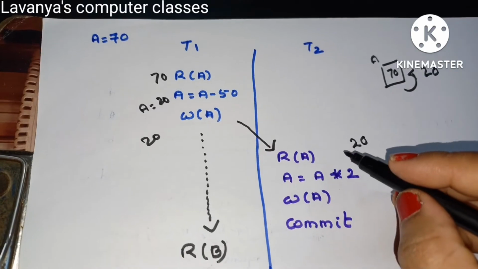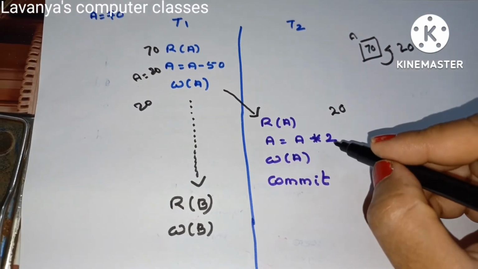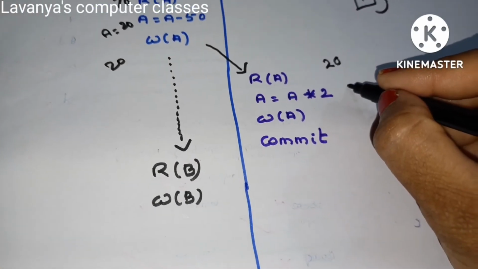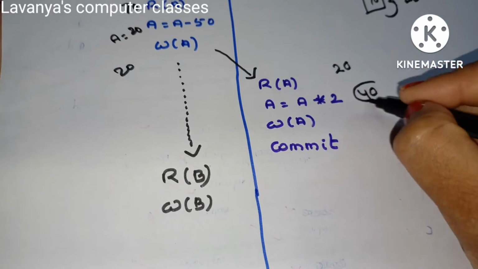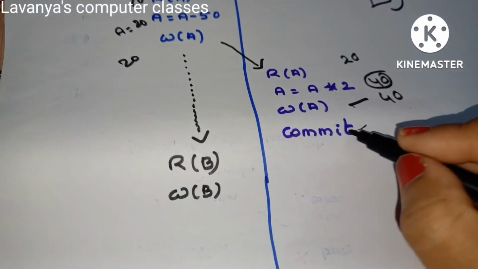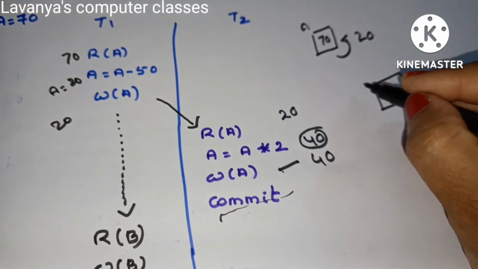So in the middle, T2 reads that value of A, which is 20. Then it does some modification, 20 into 2, that is 40. A value is now 40. Write A means 40 is written. Then commit also, meaning it is directly applied on the database.